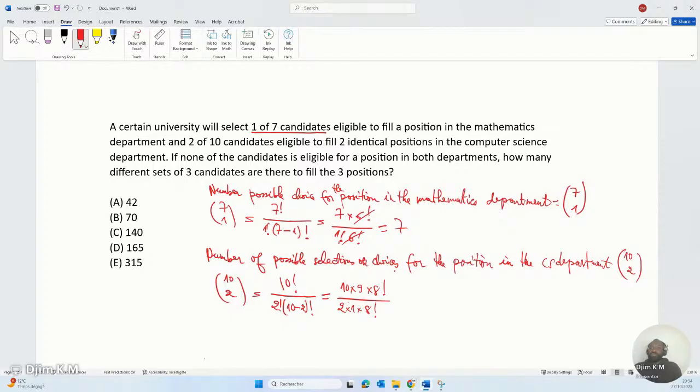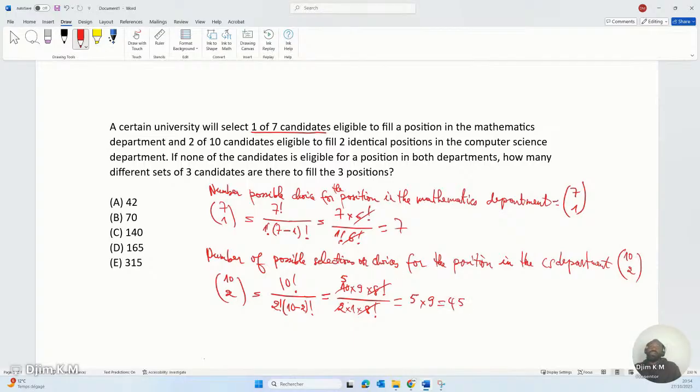Because 2 factorial is 2 times 1. So we can cancel the 8 factorials. We will have 5 here, so this will be 5 times 9, which is equal to 45.